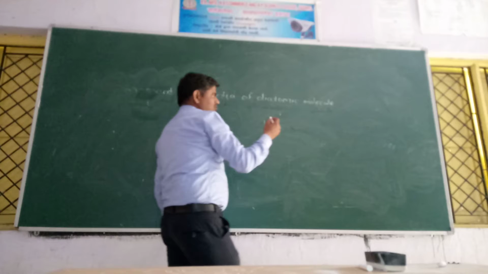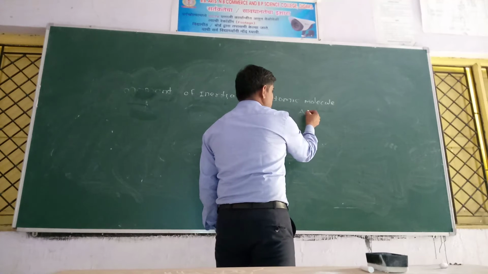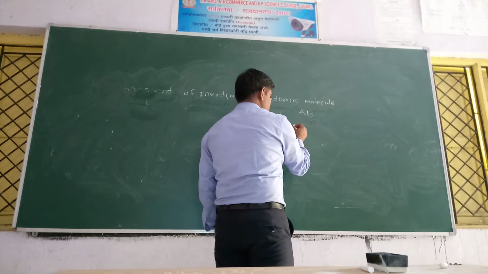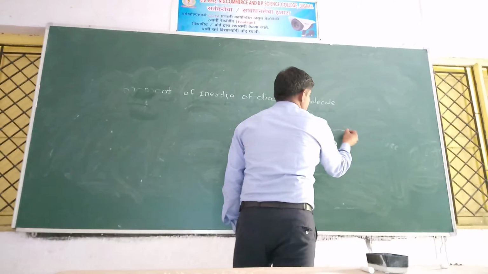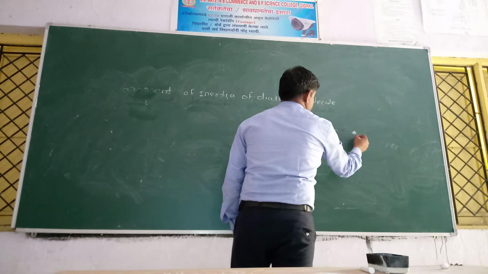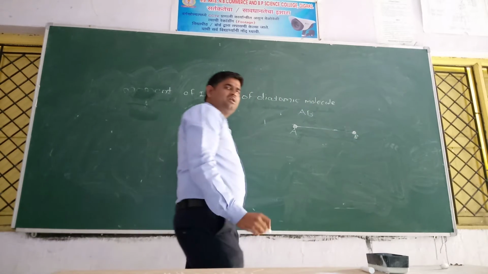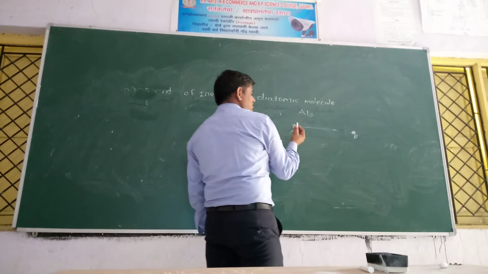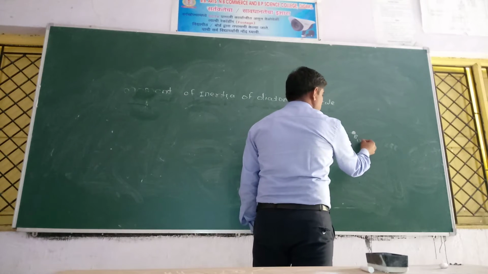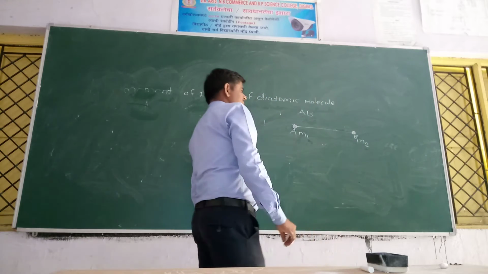Suppose we take example of AB diatomic molecule. This is A atom, and this is B atom. Any atom having some mass, A atom having mass m1 and B atom having mass m2.